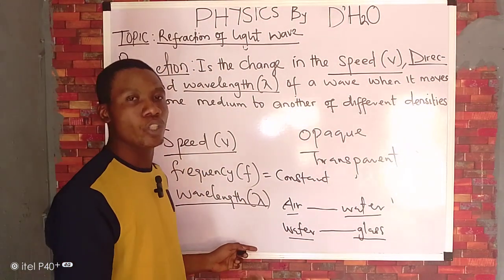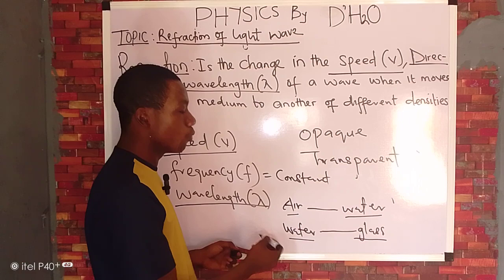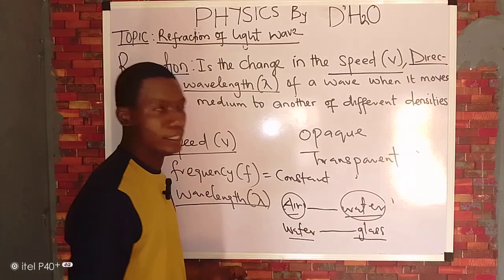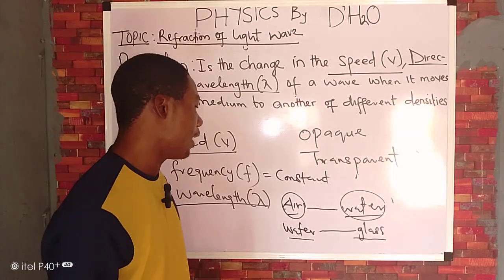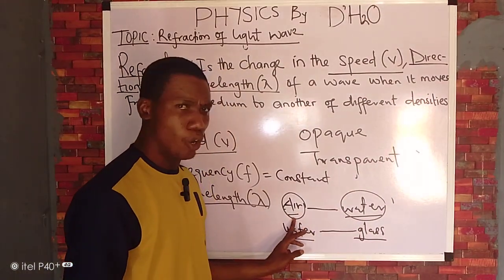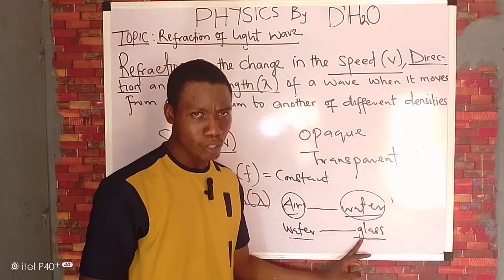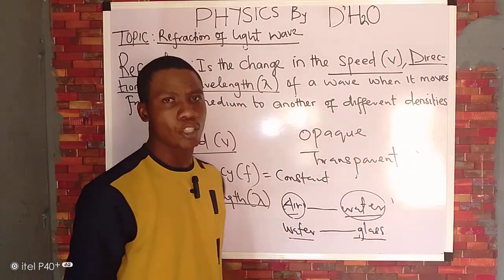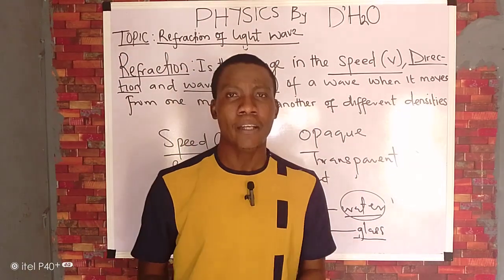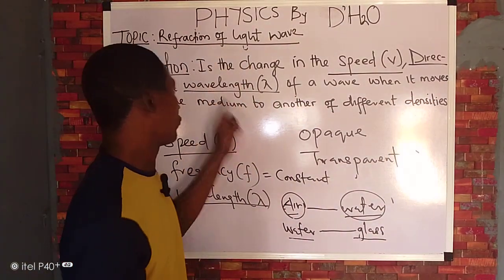So refraction only occurs when waves move from one medium to another medium of different density. So we can see that light can move from air to water, or from water to air, or water to glass, or glass to water. So as long as it moves from one transparent medium to another of different densities, refraction is bound to occur.